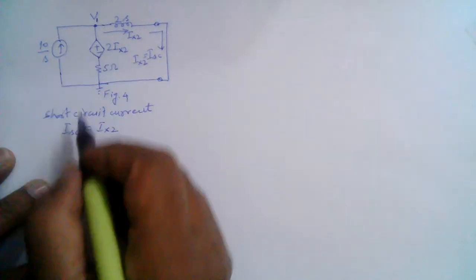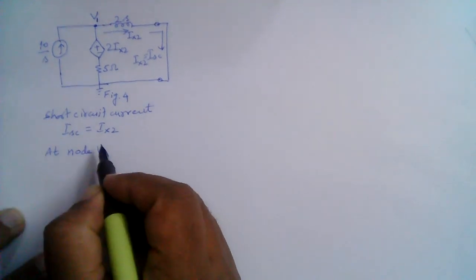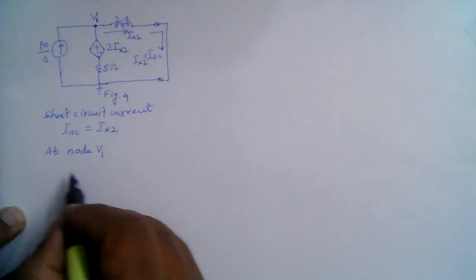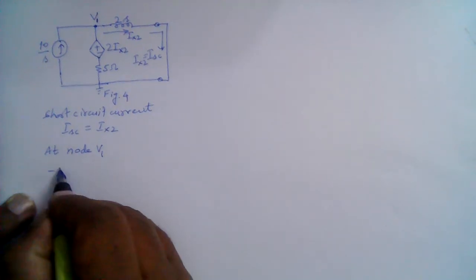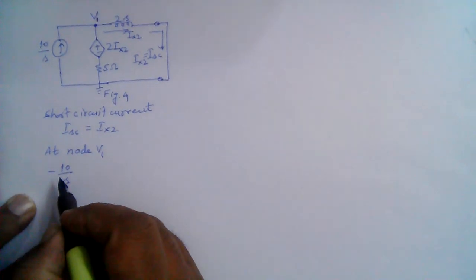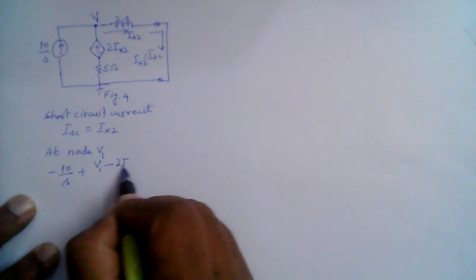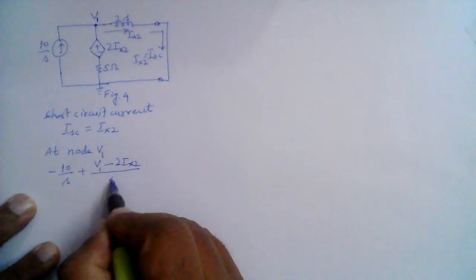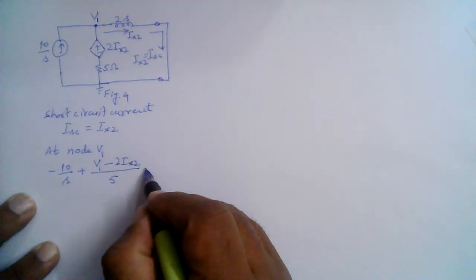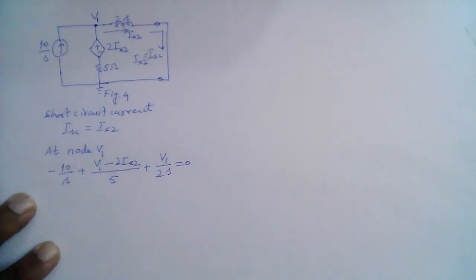So that will be, at node V1, this is current flowing into the node. We assume that all the currents flowing away are positive and flowing into the node negative. So that will be minus 10 over S plus (V1 minus 2Ix2) divided by 5 plus V1 divided by 2S, and that is equal to 0.